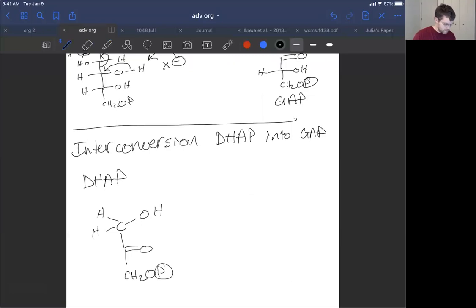Now we let a basic residue in an enzyme come in and deprotonate, making a formal enol, an enolate, but this probably hydrogen bonds to a residue in the active site, to give us this species.